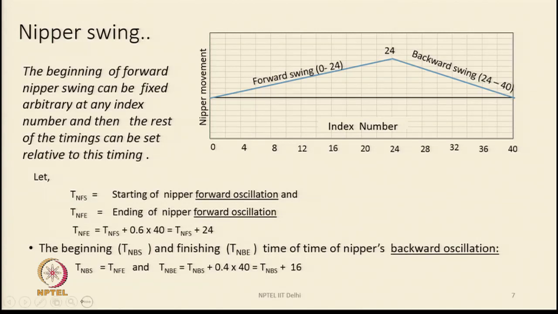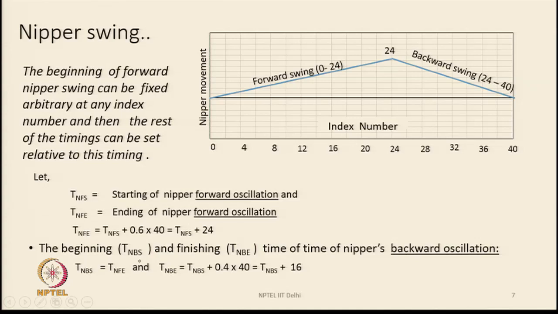So, TNFE, that the timing when the Nipper is going to stop its forward journey will be the beginning timing, that is TNFS plus 0.6 into 40, that is TNFS plus 24, where 24 indicates 24 index number. So, wherever we start, starting time plus 24 is going to be the ending time for the Nipper swing.